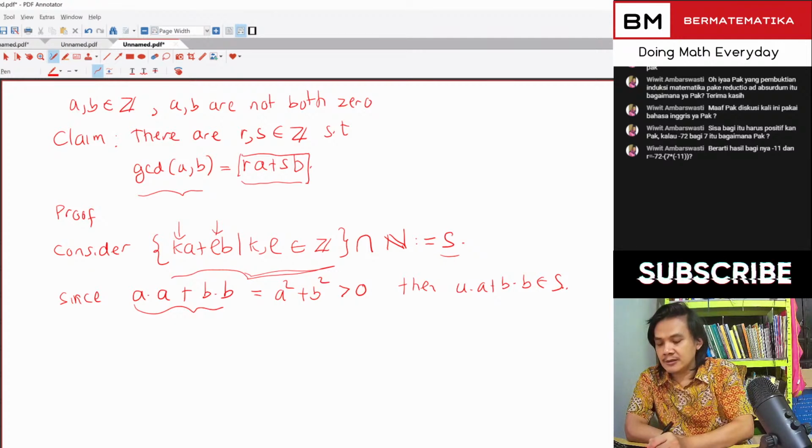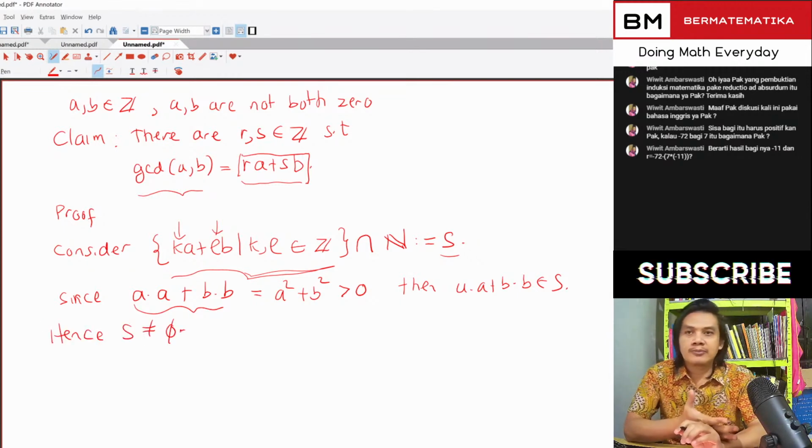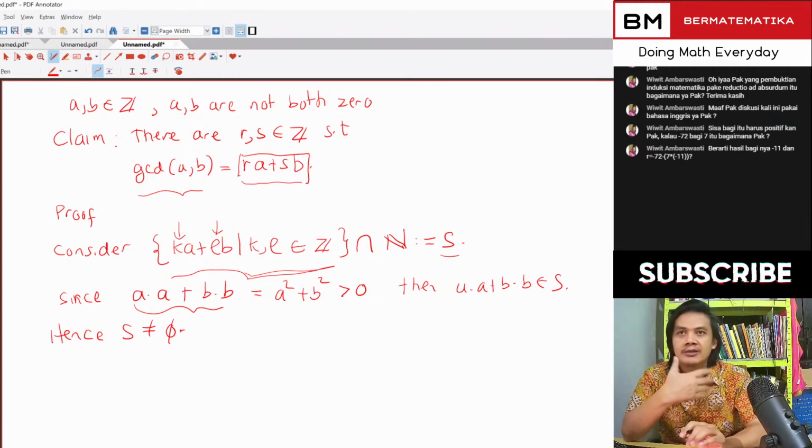Hence, S is non-empty. But according to the well-ordering principle, if we have a subset of the natural numbers, then it has to have the smallest element, right?